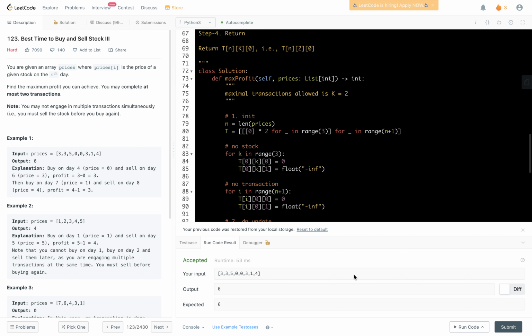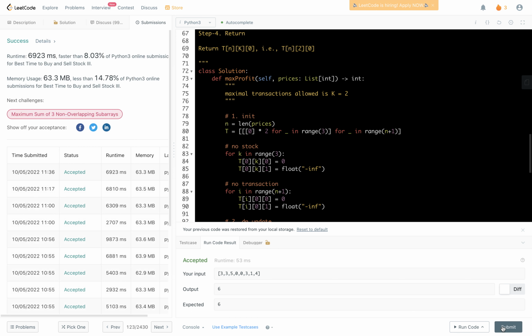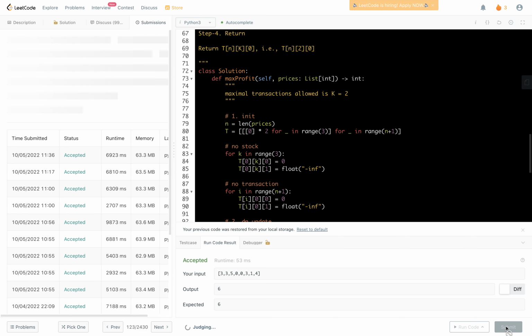Yeah, it passes the first example. Now let's look at the generic case. Yeah, it passes all the generic cases. It runs slow, so let's test again.